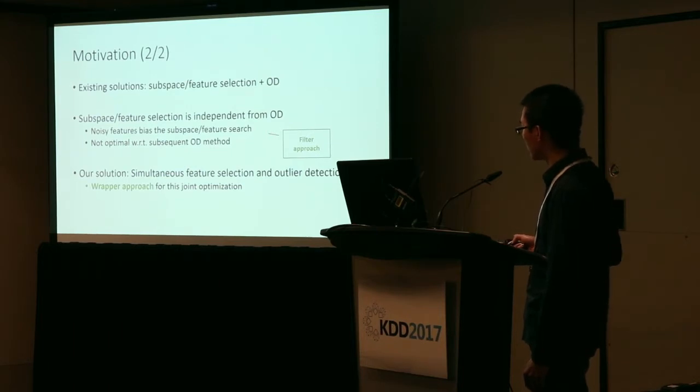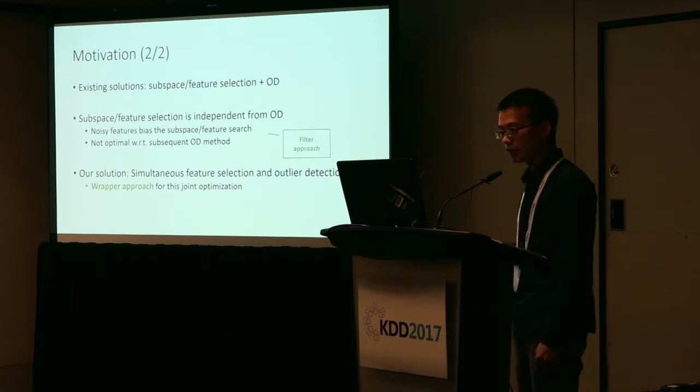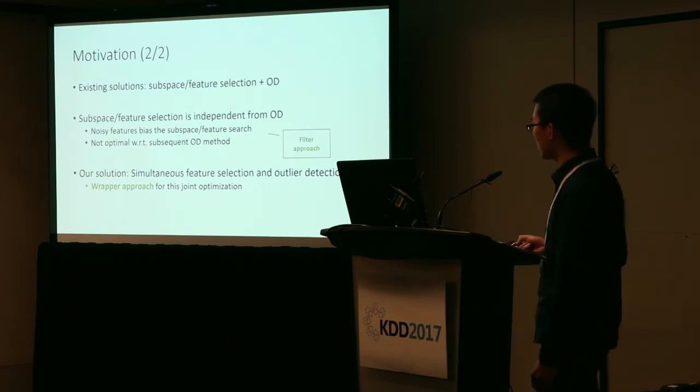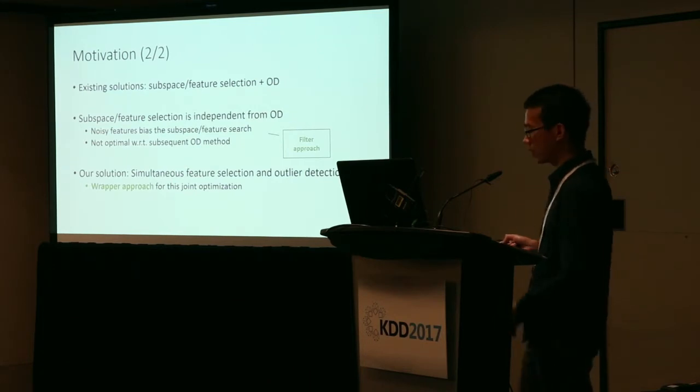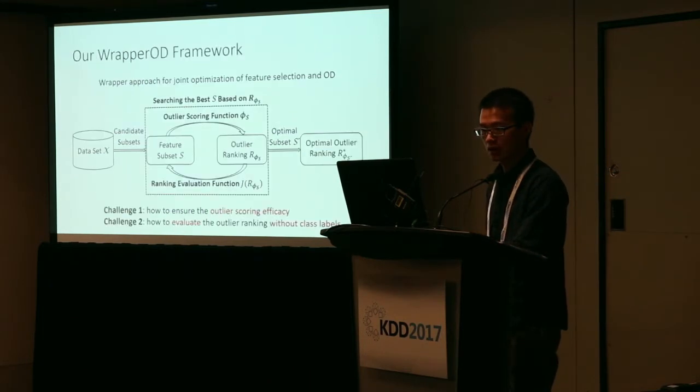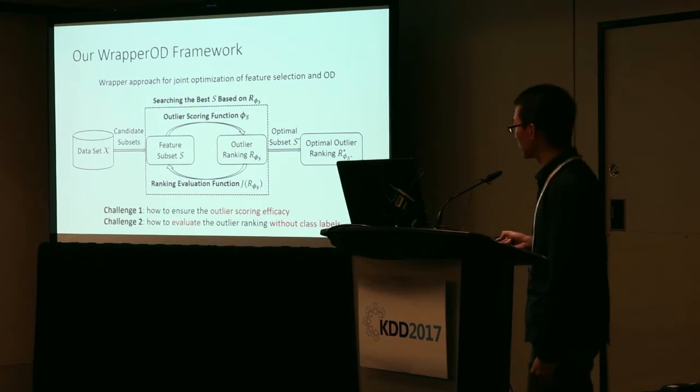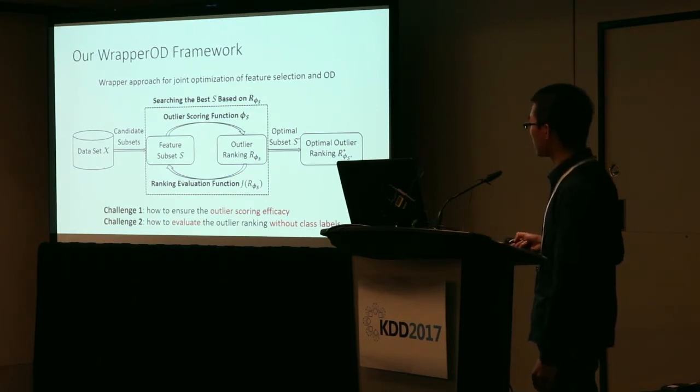As a result, the features retained may not be optimal for the subsequent OD methods. So our solution here is to explore wrapper approaches, which enable simultaneous feature selection and outlier detection. The framework looks like this.